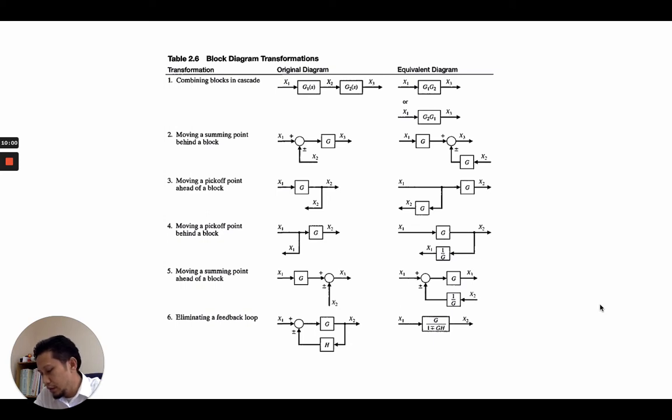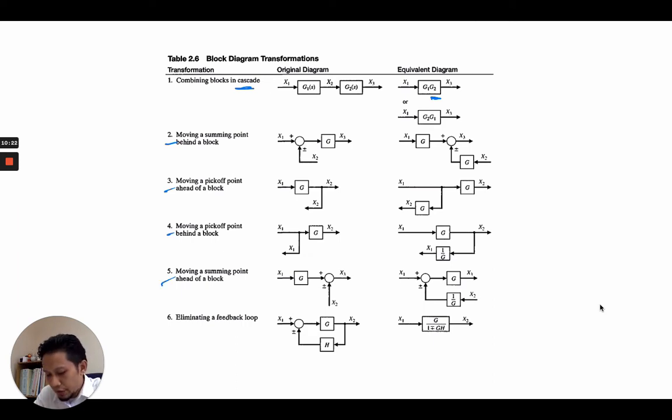This is the cascade. In this case, we just multiply G1 and G2, and then we will get G1G2 over here. Okay, and then I have explained to you just now numbers 2, 3, 4, and 5.